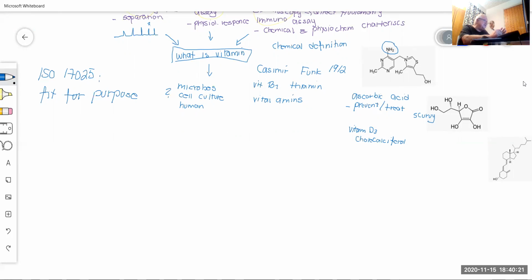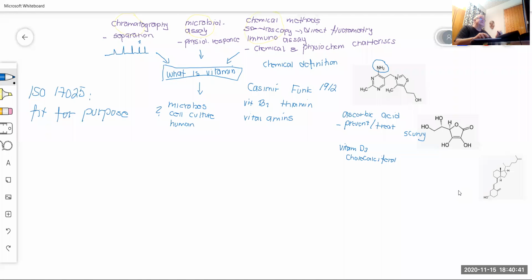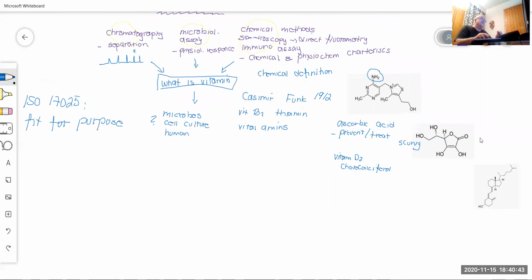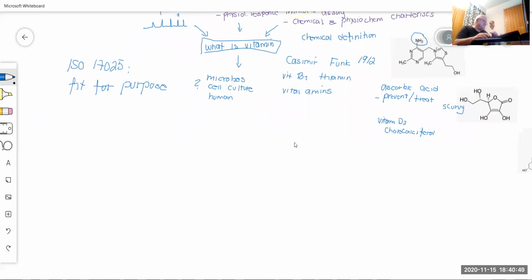And this is now your academic skill, to find out whether this method is capable of doing this and that. And the first thing is, what is your question? Am I looking for just a certain molecule like thiamine or ascorbic acid, or am I measuring the physiological vitamin activity?